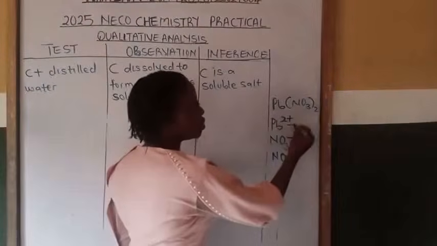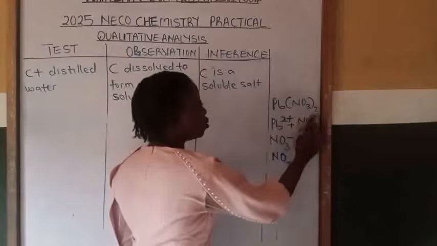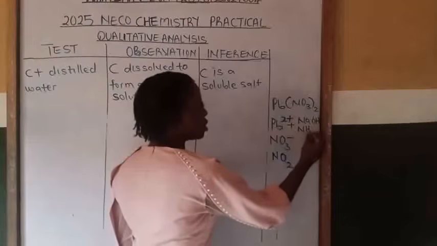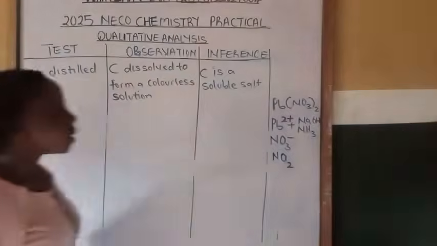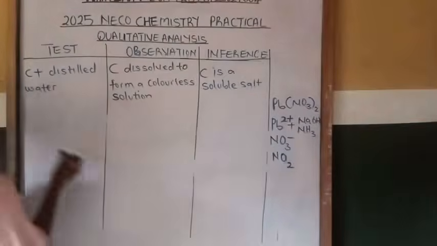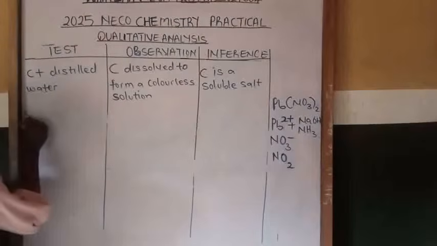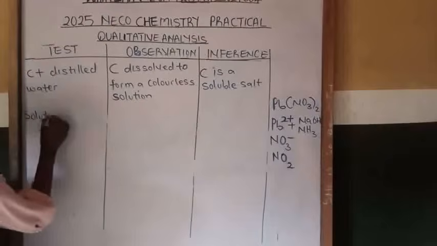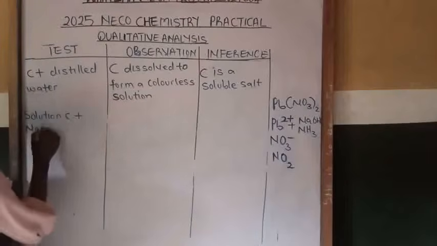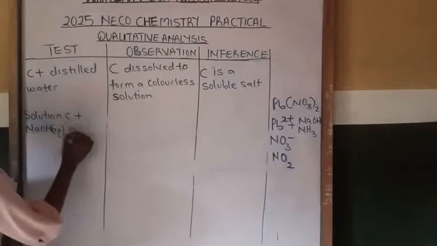So the next one is lead ion. We are going to use aqueous sodium hydroxide and aqueous ammonia to test for lead ion. So let's start with aqueous sodium hydroxide. From the solution C above, you are going to say solution C plus aqueous sodium hydroxide in drops.